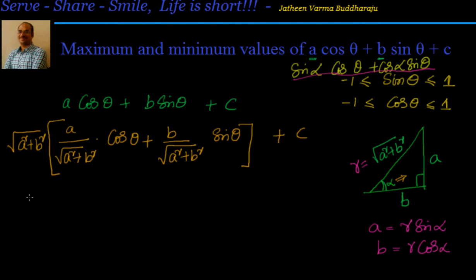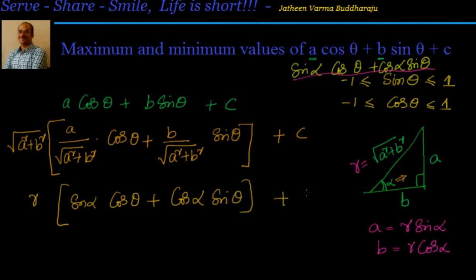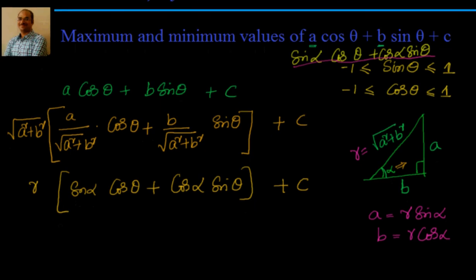Now I can convert this into r times sin alpha cos theta plus cos alpha sin theta, and we have the constant term, which is c.